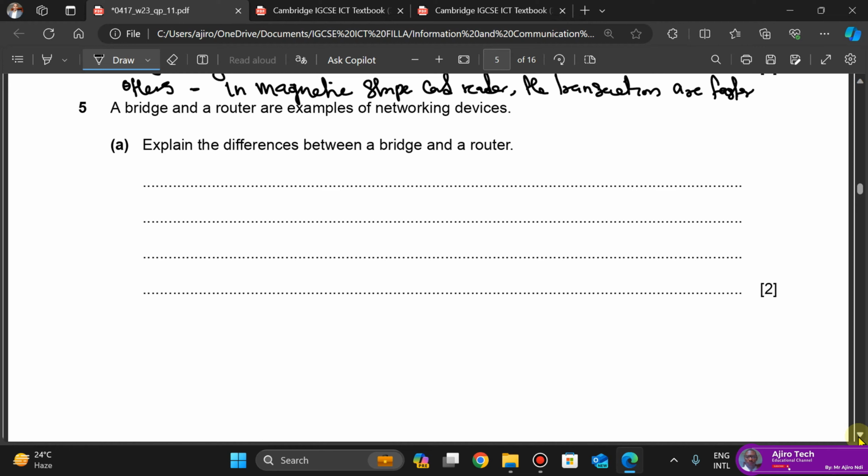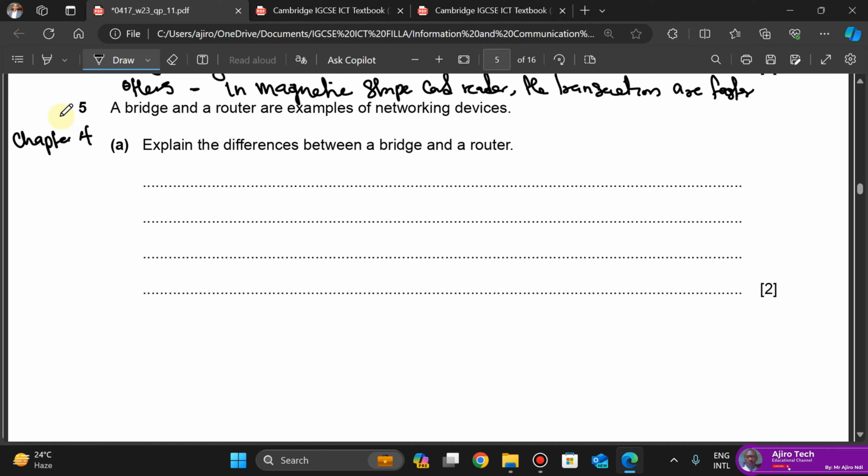Question 5. A bridge and a router are examples of networking devices. We're going to see this in chapter 4, which is networks and the effect of using them. Explain the difference between a bridge and a router. This is 2 marks, so one for bridge, one for router.